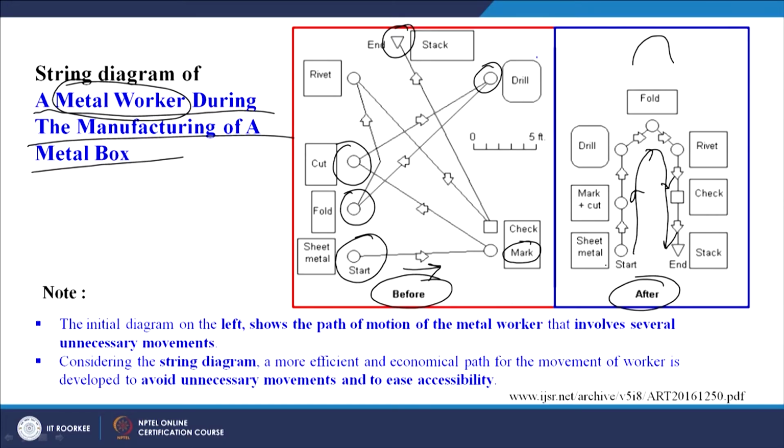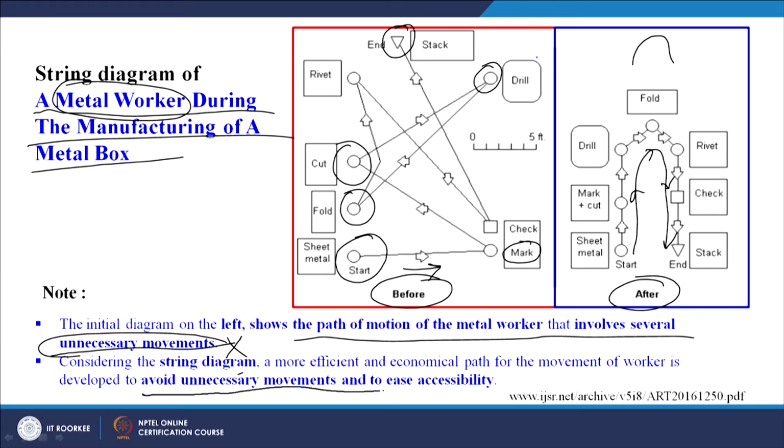So, here we can see the notes are given. The initial diagram on the left shows the path of motion of a metal worker that involves several unnecessary movements. This we want to avoid. How we can avoid? Considering the string diagram, a more efficient and economical path for the movement of the worker is developed to avoid unnecessary movements and to ease the accessibility of the various facilities.